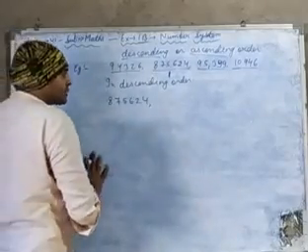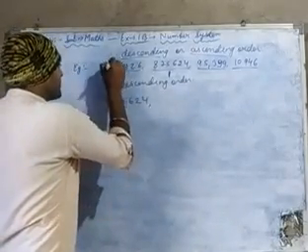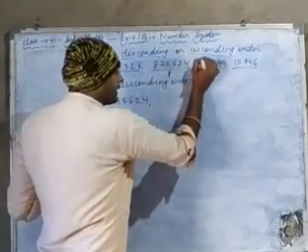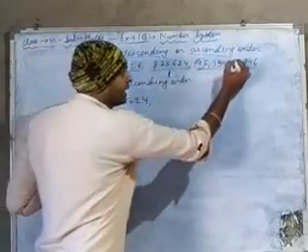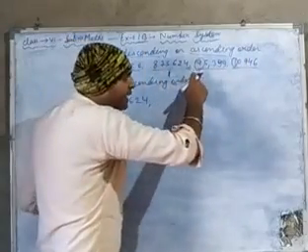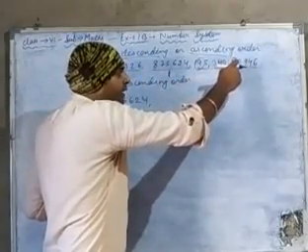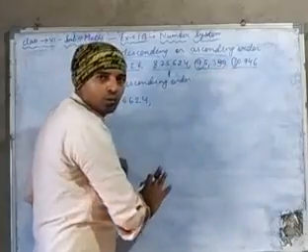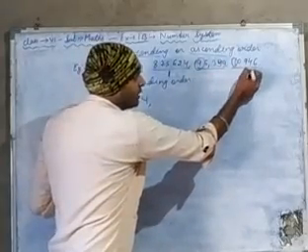So let's see. This is 9. This is 9. Both are same, but here it is 1. Now 9 is greater than 1. So this is a smaller number.